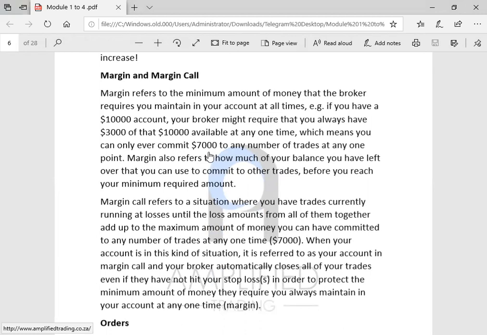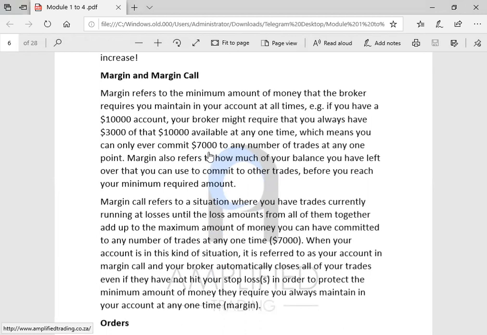Let's say you had 1,000 US dollars in your account and your losses are at 800 US dollars. That's 80%, so you're losing 80% of your account. Once it gets to 200 US dollars, the broker will close all the positions you have on your account, because you're losing 80% and you're supposed to maintain a 20% account balance.